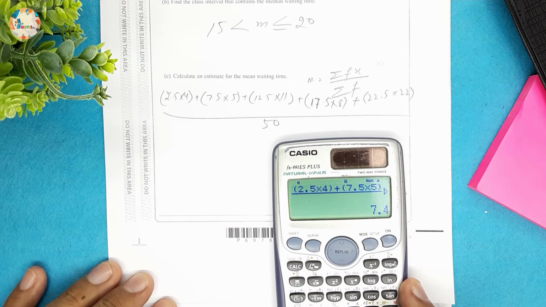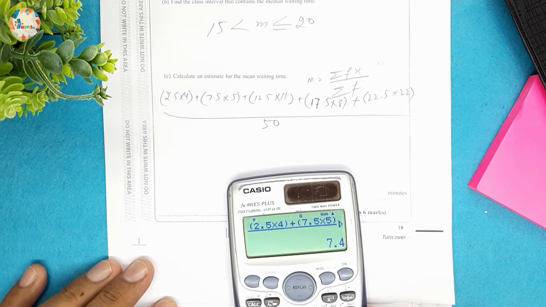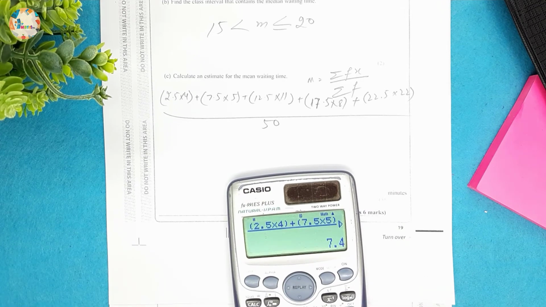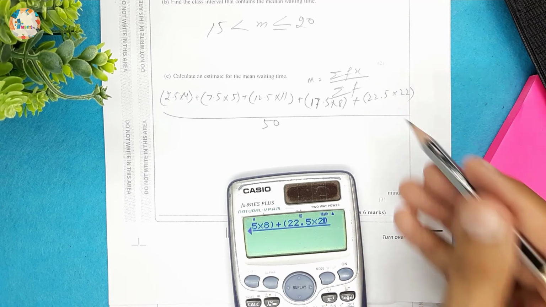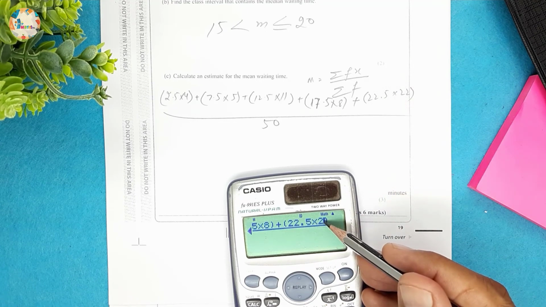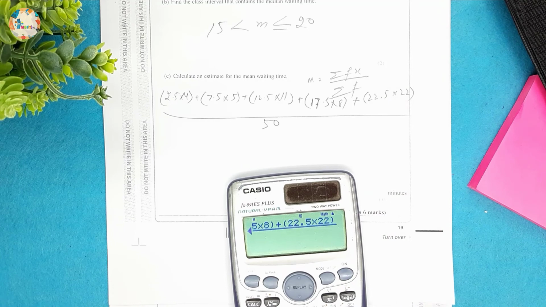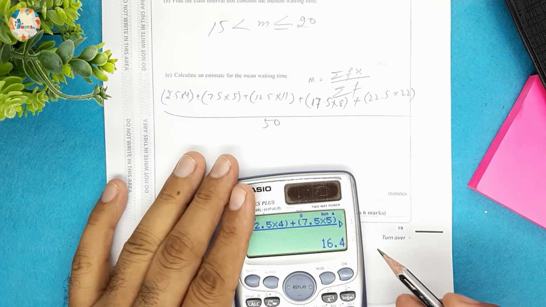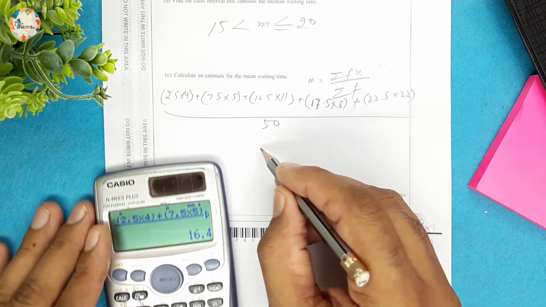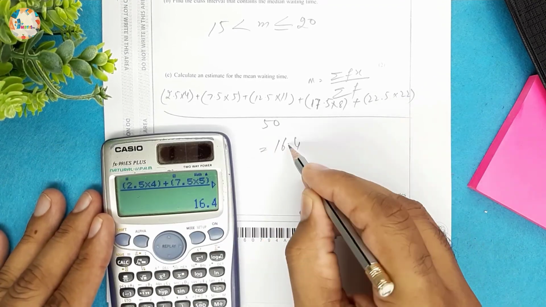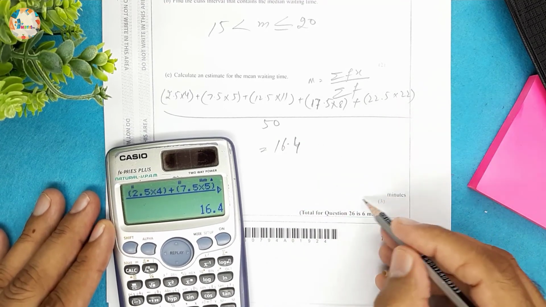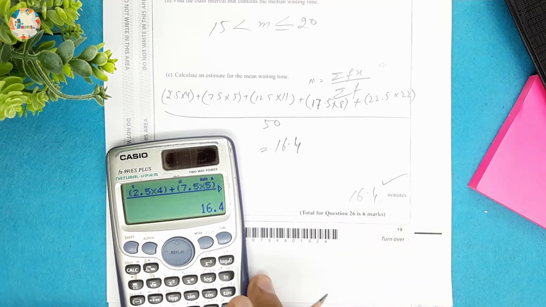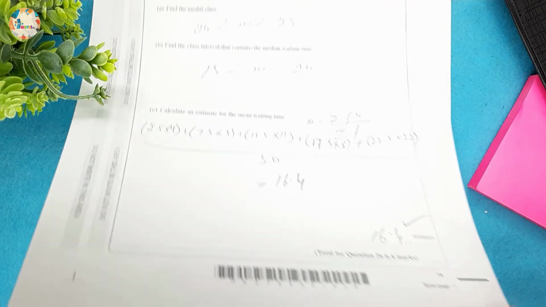Basically we have made some mistake. I will double check. Here we have to write 22.5 multiplied by 22, and here we typed only 2, so I will write 22 here, and this will be equal to 16.4. Yes, with lengthier calculations we have to be careful, or double check the answer. So 16.4 will be the final answer for this one.